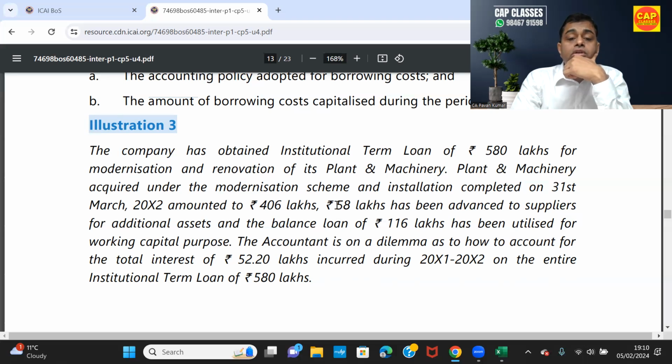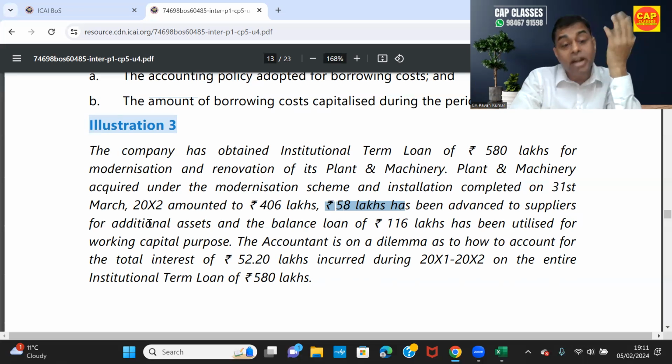Hold on. Is this 406 a qualifying asset? Yes, sir. Is this 58 lakhs given as advance to suppliers a qualifying asset? Yes, sir. No. You are giving advance to a supplier for some additional asset.